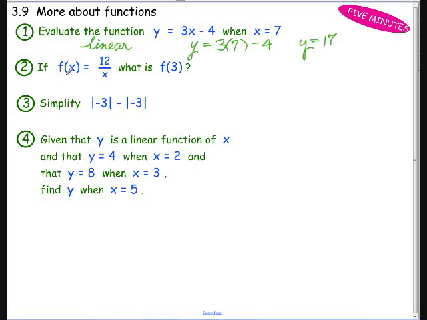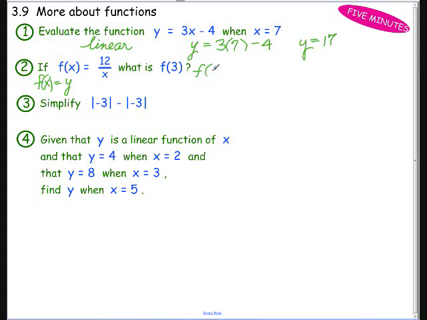If function f, remember this is the same as y, f of x is just a functional notation, and it means the same thing as saying y. If f of x equals 12 divided by x, what is function f at 3? So we're using the same idea.